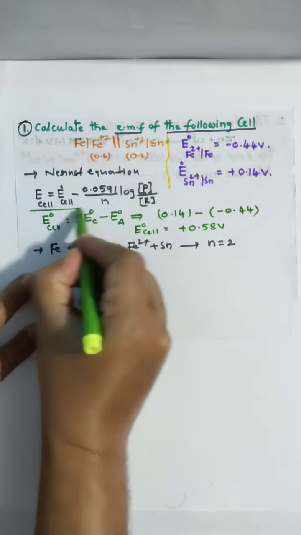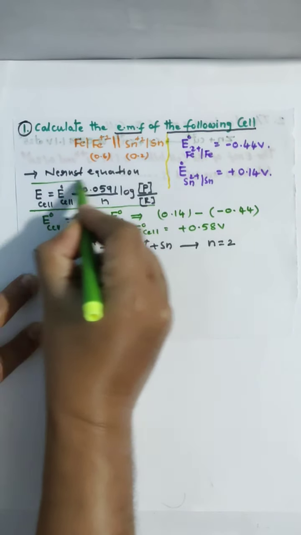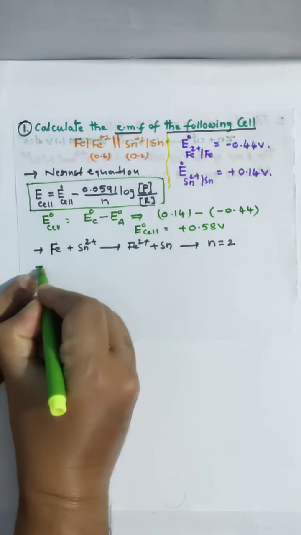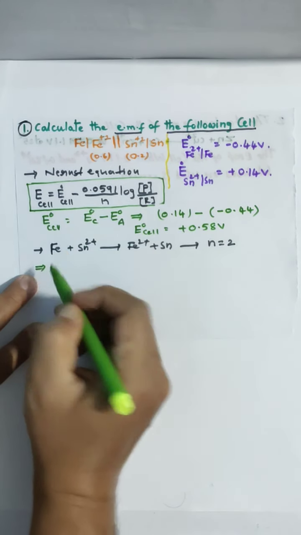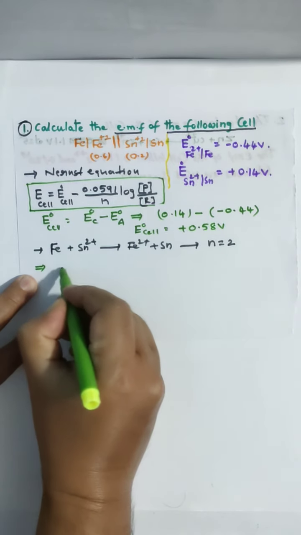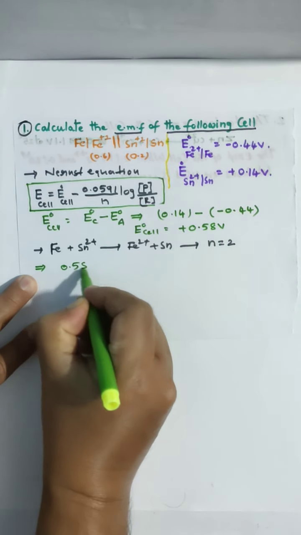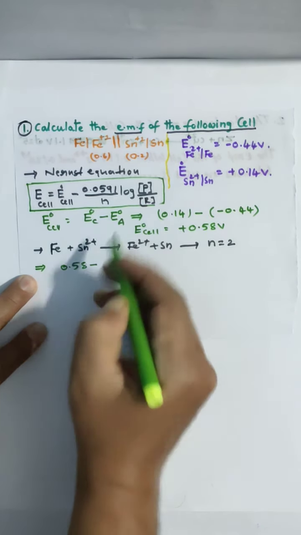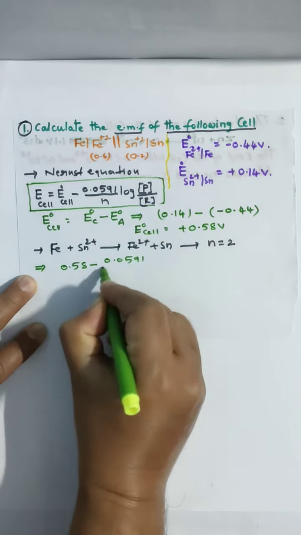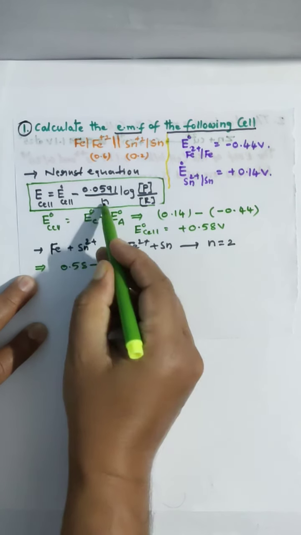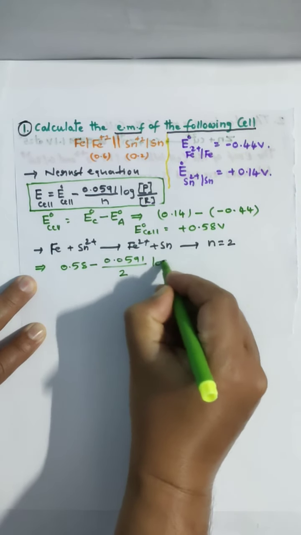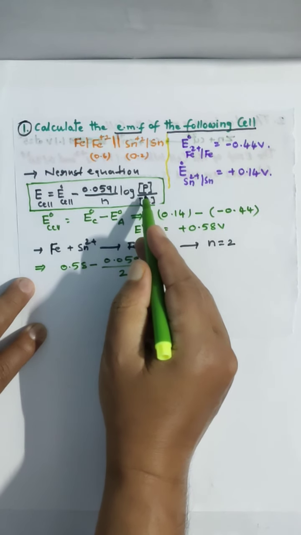So this is the formula I gave already. In this you have to substitute all values. E cell equals E naught cell, 0.58, minus 0.0591 upon n, which is 2, log of product concentration.